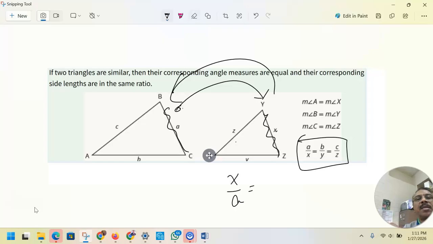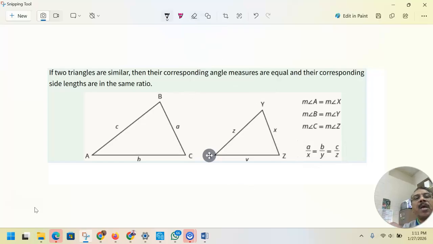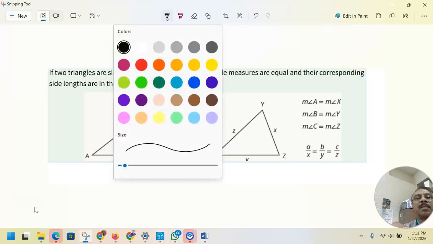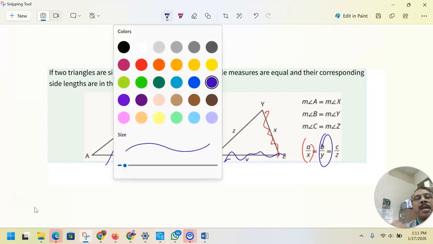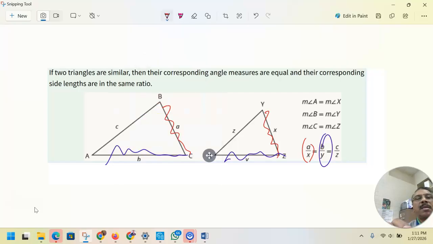You can also take this divided by this. So it is a over x, that's the red color. And then you have the purple color, this over this one, so that's b over y. And then this one, c over this one, so c over z.